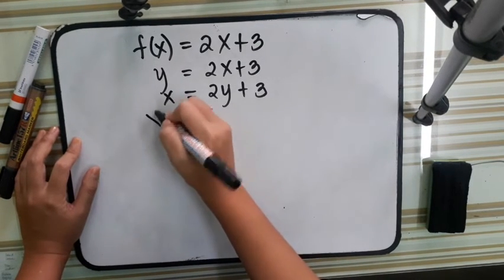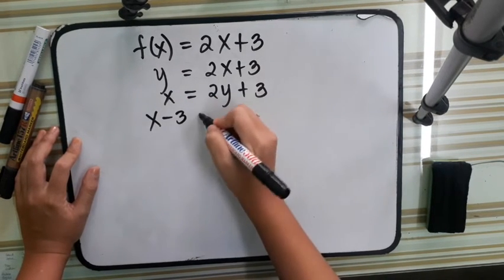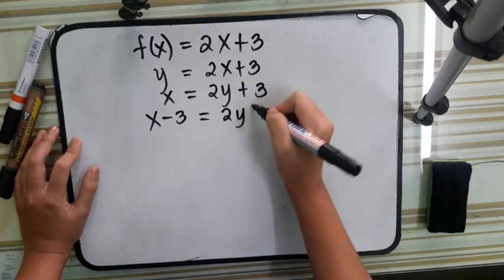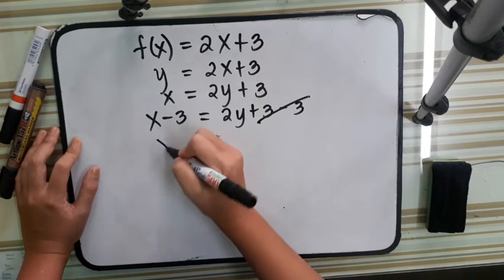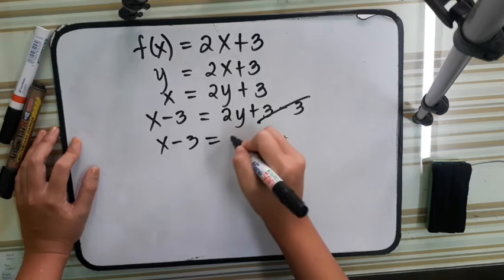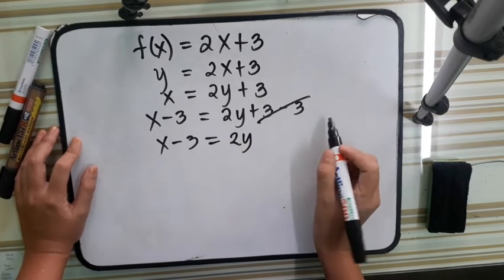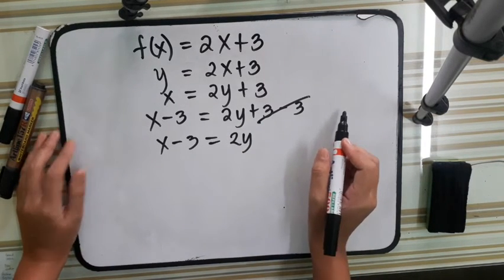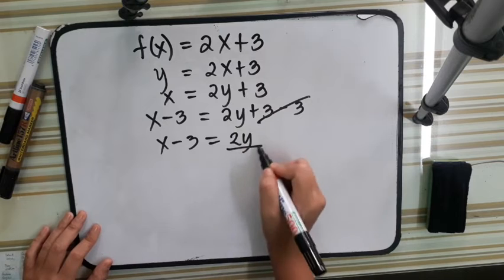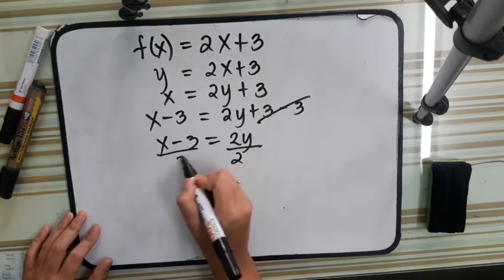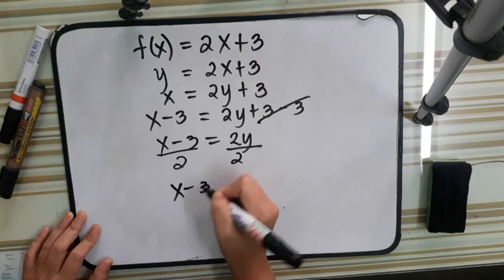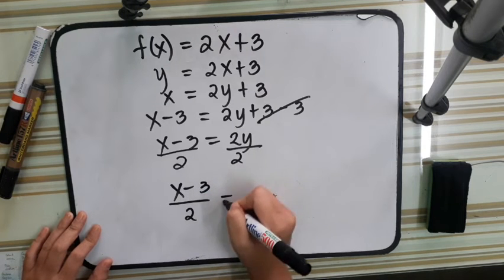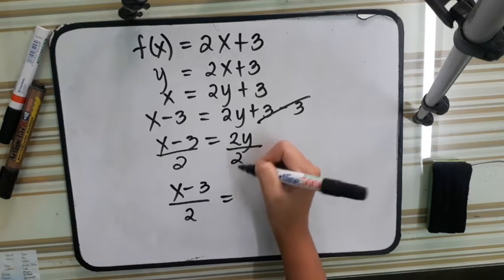So we have x minus 3 is equal to 2y plus 3 minus 3. So this will be cancelled out. So we have x minus 3 is equal to 2y. Now let's simplify. So we divide both sides by 2. Now we have x minus 3 over 2 is equal to 2 divided by 2 is 1.